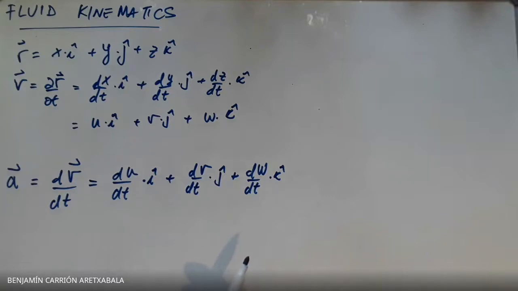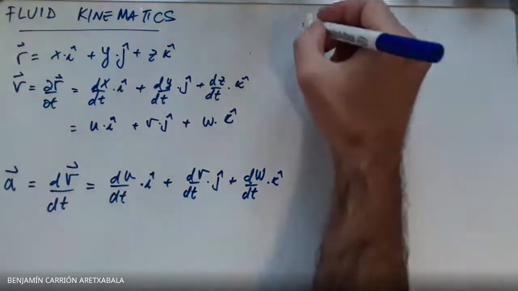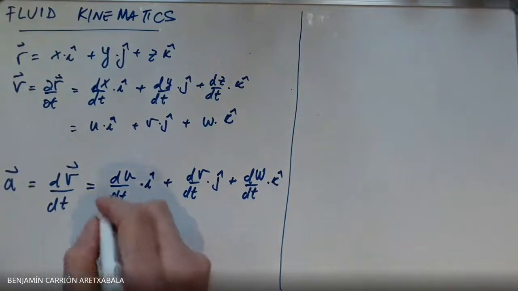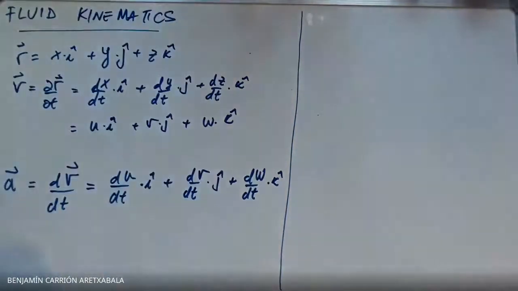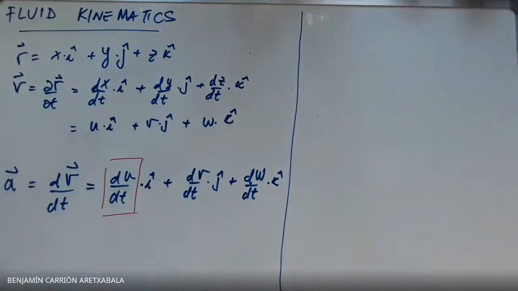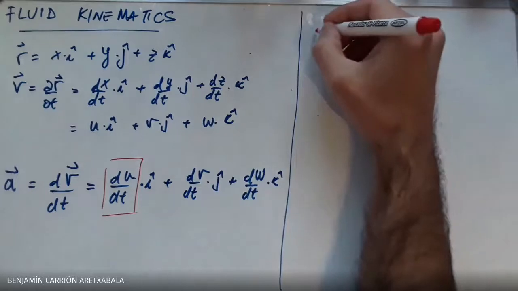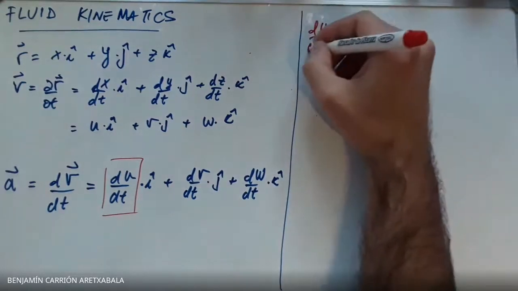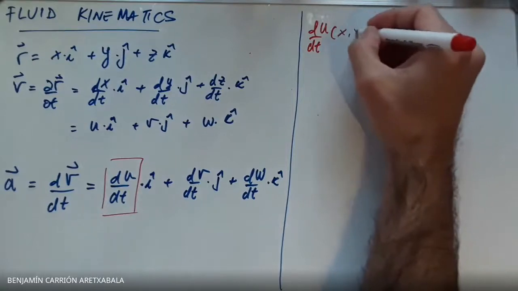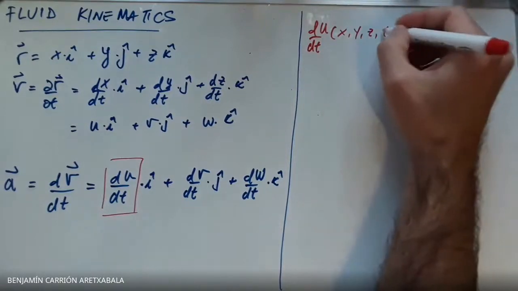So let me write this here. Let's take just this first derivative. I'm going to use the other color there. So du/dt, as I said, might depend on x, y, z, and time.